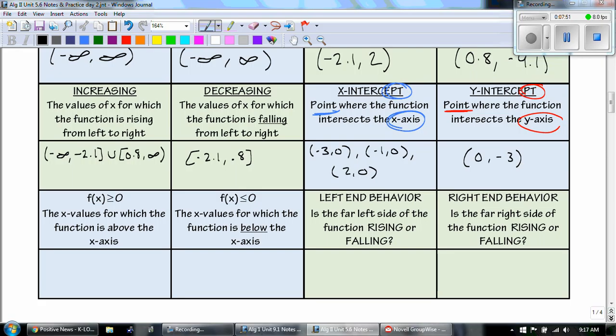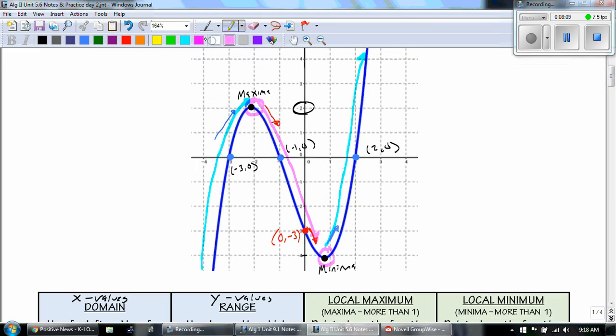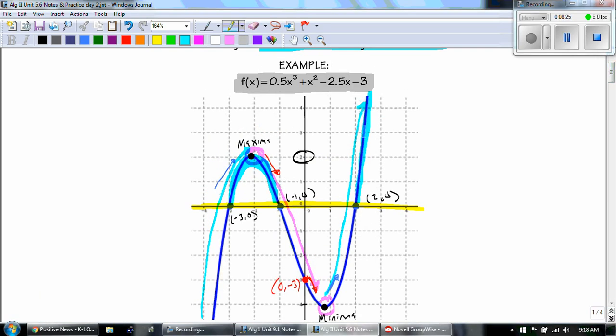All right, now our favorite part. We need to take a look, where's the function greater than 0, and where's the function less than or equal to 0, okay? So when we looked at this, I know I've got a lot of other marks on here. So here is our x-axis. I want to know, where is my graph above 0? Okay, and it's only above 0 in these sections, okay?